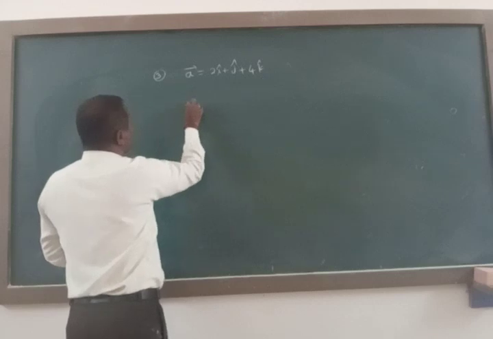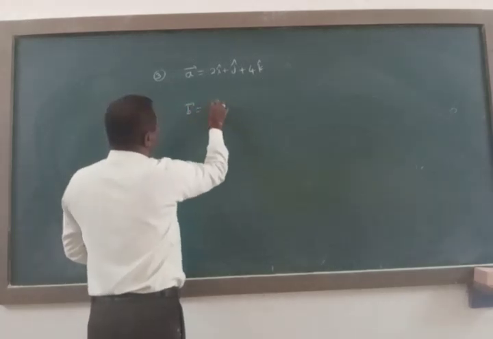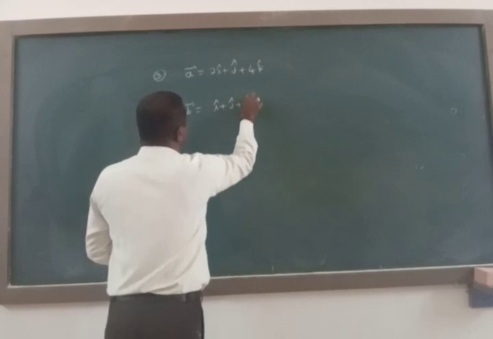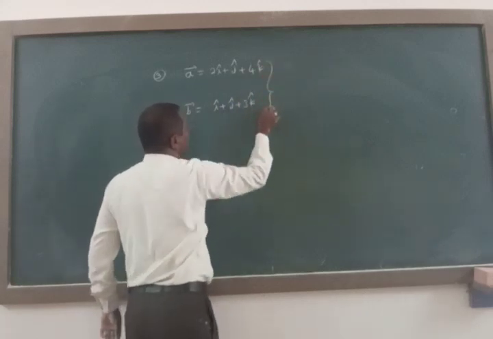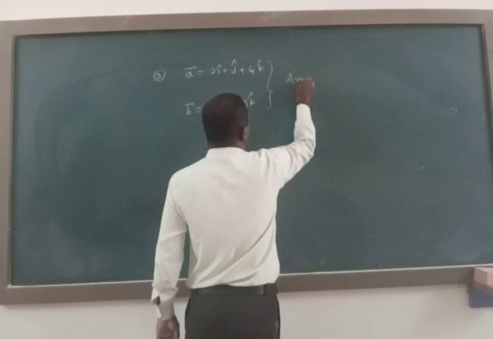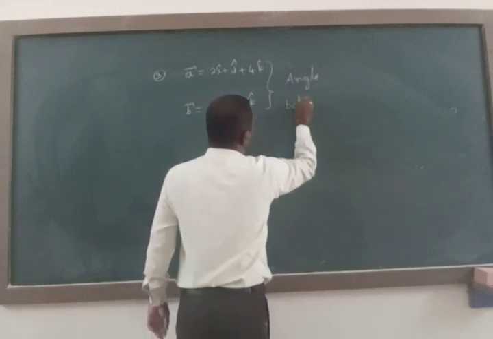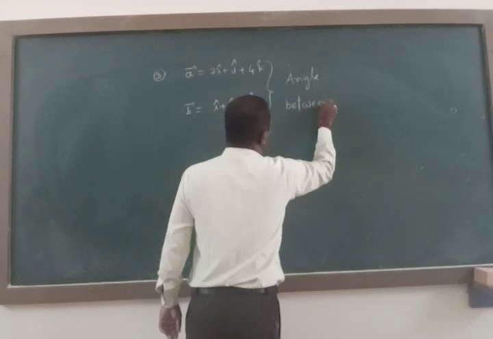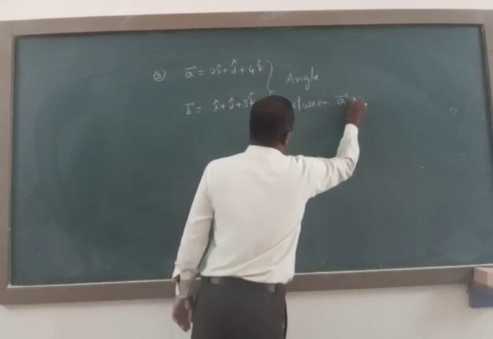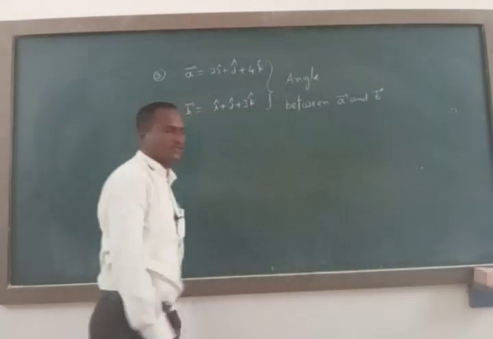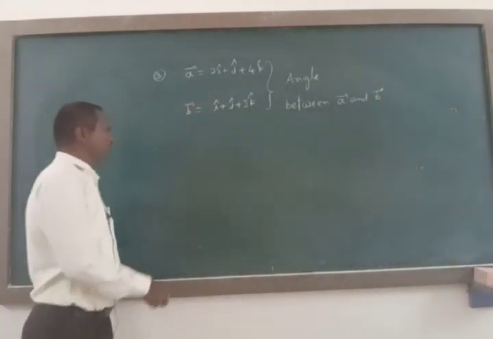B bar is equal to i cap plus j cap plus 3k cap. Then find the angle between A bar and B bar. How do we find the angle between these two vectors A bar and B bar?